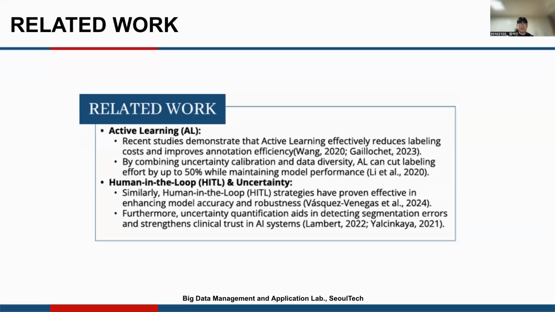Second, HITL strategies have also been shown to significantly enhance model accuracy and stability. Additionally, uncertainty quantification not only helps detect segmentation errors, but also increases clinicians' trust in AI systems.